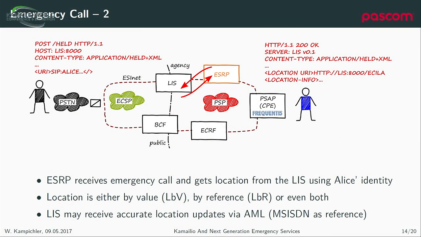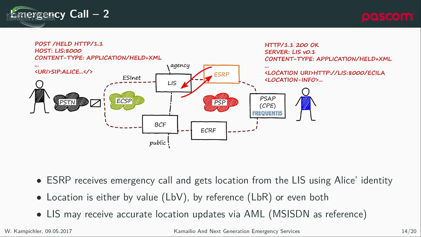Next step is if the ESRB receives an emergency call, it requires a location. So some technologies may already provide a location, or some originating networks. In this example, it's a location information service that provides this information.